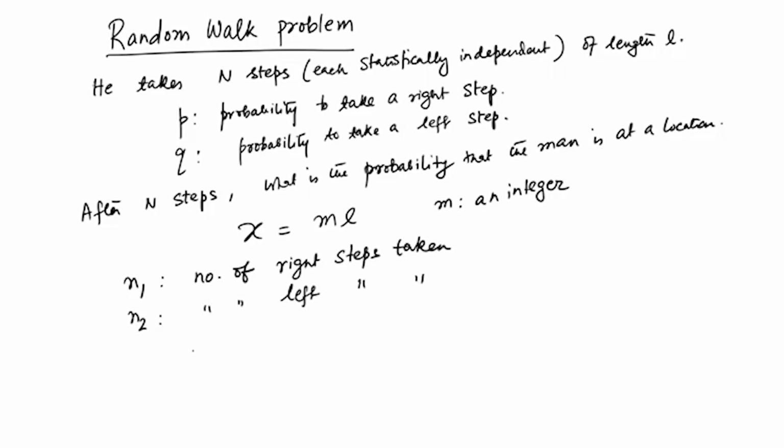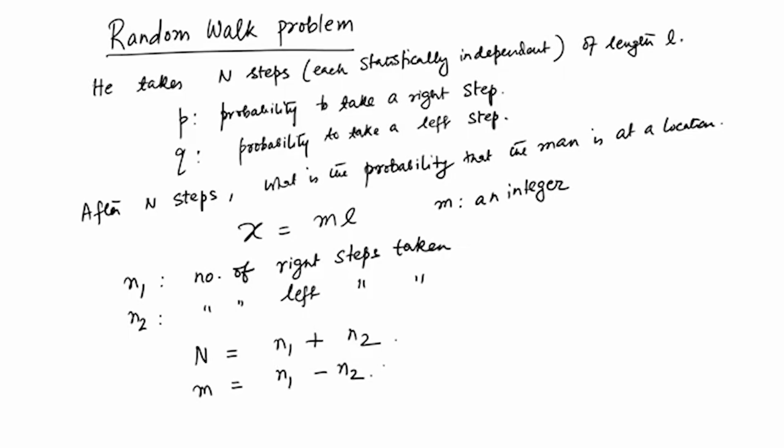This automatically fixes capital N equal to n1 plus n2, and m, which is the difference, is n1 minus n2. Or it could be n2 minus n1, but without any loss of generality, we are taking n1 to be greater than n2, but n1 could also be less than n2, in which case m would be negative.